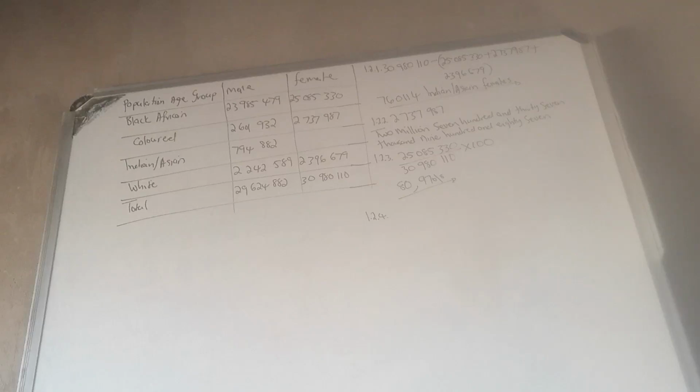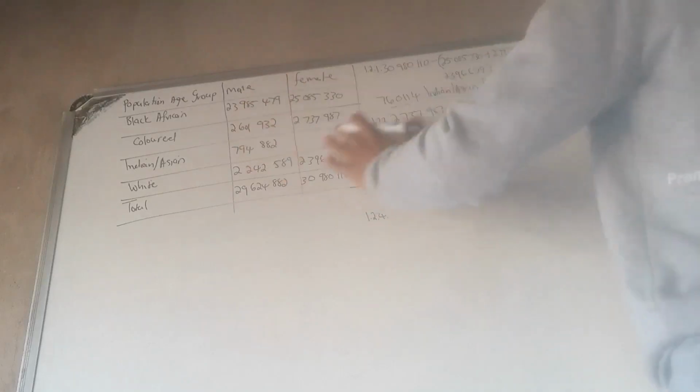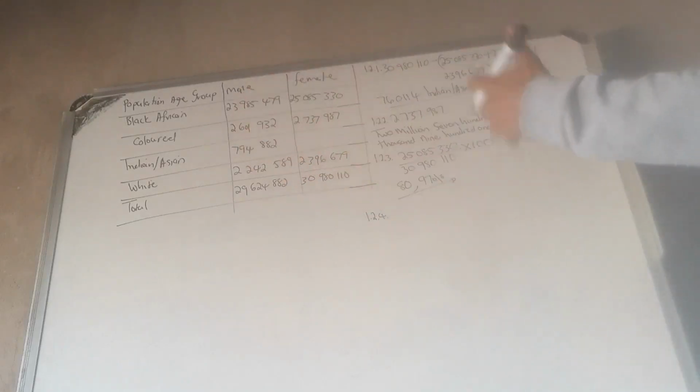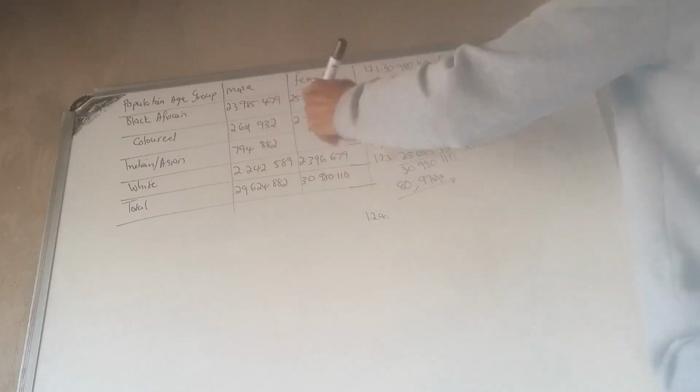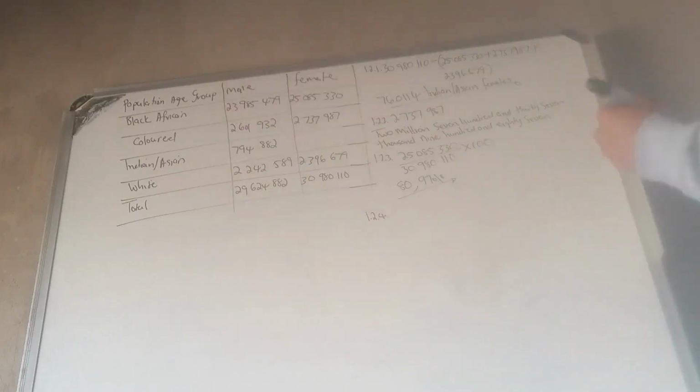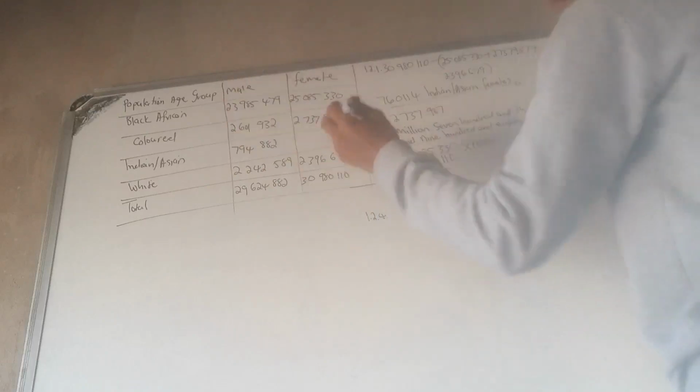Are the population estimates of male and female, black, white, and so on, numerical or categorical? We are provided with these population age groups of males and females in terms of numbers, so that is numerical because it is numbers.